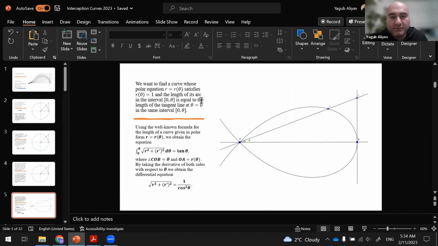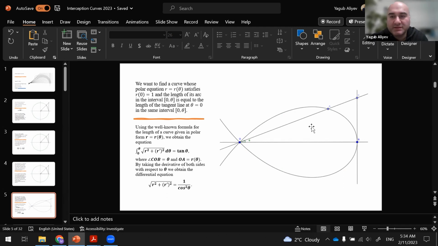Now, you know the formula for the length of a curve in polar coordinates. It is like this: integral from 0 to theta of the square root of r squared plus r prime squared d theta.